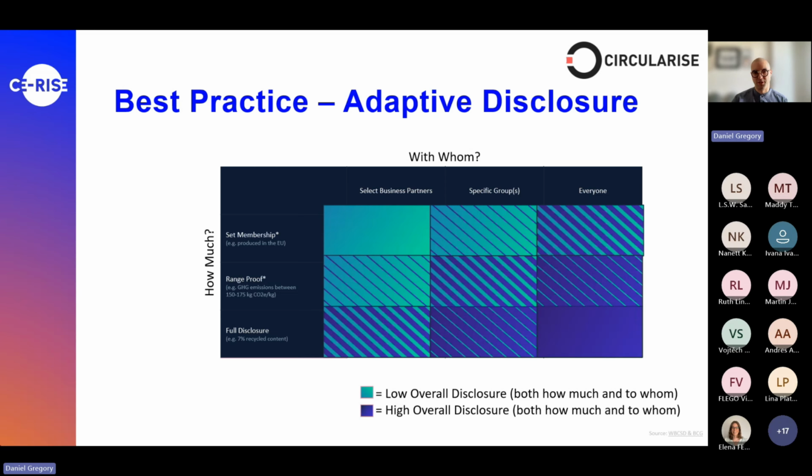I use this table as a way to understand the different levels at which you might want to share certain pieces of information. Like you could share certain amounts of information with everybody, or it's easier to share more range proofs with everybody, different things like that.